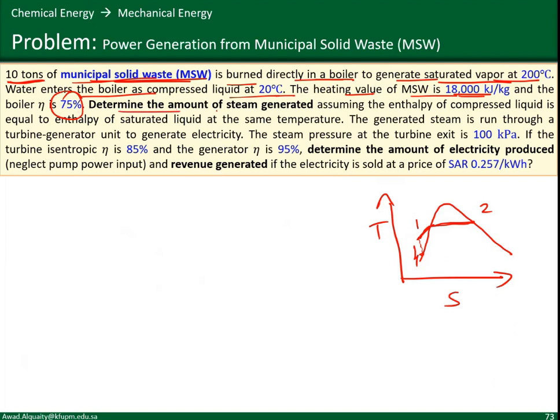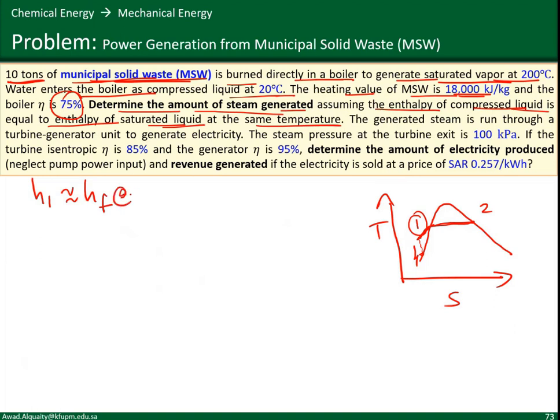Now, first thing is we need to determine the amount of steam generated within the boiler. So we're looking at the mass of steam generated, essentially. And we are told that we can assume the enthalpy of compressed liquid, state 1, to be equal to the enthalpy of saturated liquid, hf, at the same temperature.